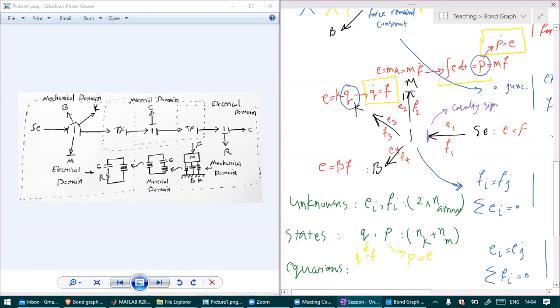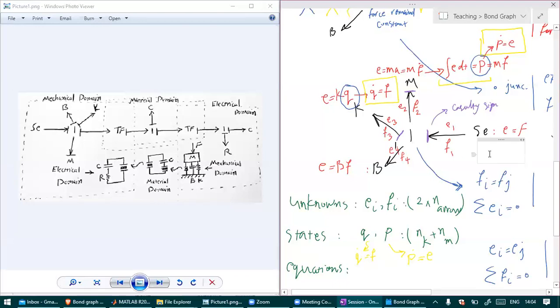It doesn't enforce the flow, so it basically enforces the effort. So these elements are called elements with known causalities. Source of effort defines the effort, so causality is on the other side.